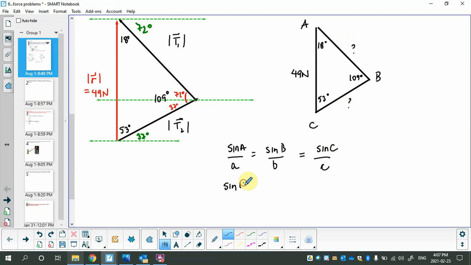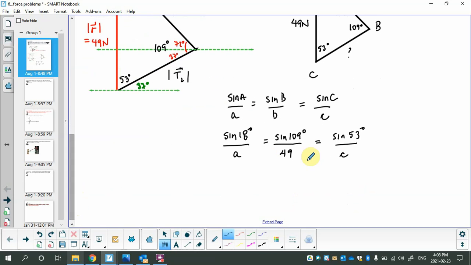So big A, corner A is 18 degrees. Little a is unknown. Big B is 109 degrees. Little b is 49 newtons. Big C is 53 degrees. Little c is unknown. So I get to do the sine law twice using this middle thing, so middle ratio.